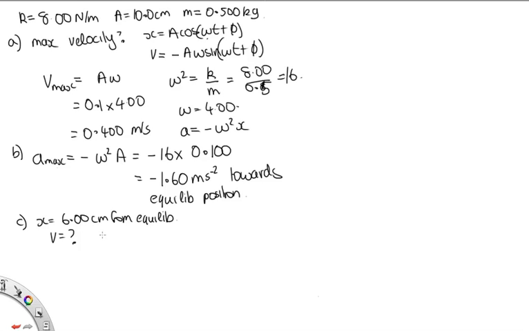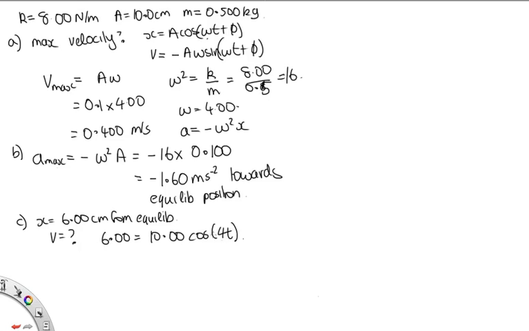So let's work out the time. So we've got 6.00 is equal to 10.00, so this is just substituting in for x, cos. Now we'll assume phi equals 0, so we've got cos omega t, so that's 4t.